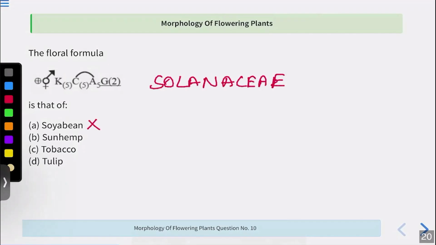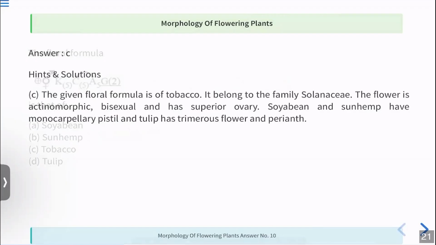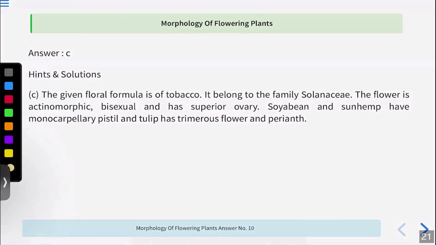The soybean is Fabaceae, tulip is Liliaceae, sunhemp will not come, so that leaves us with one plant, tobacco. And yes, tobacco is a member of Solanaceae. Okay, and I just now told you: actinomorphic, bisexual, superior ovary, 5552, the stamens are free.